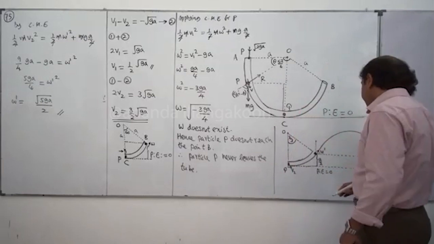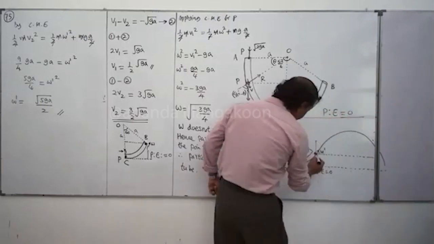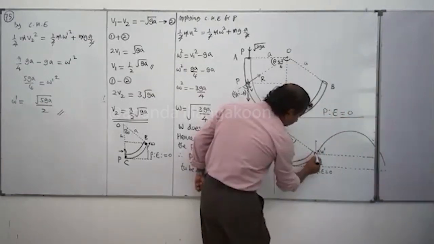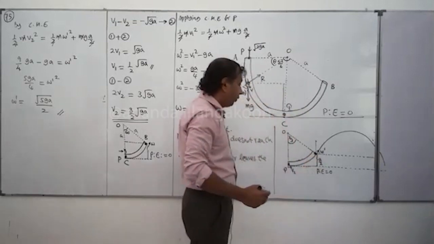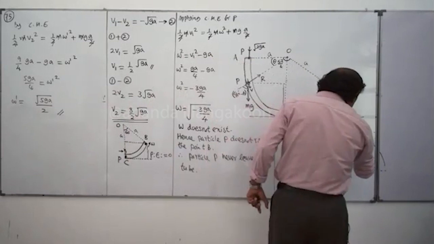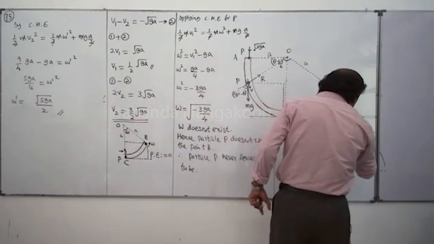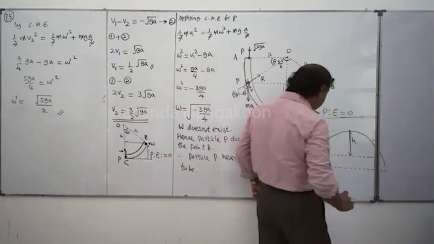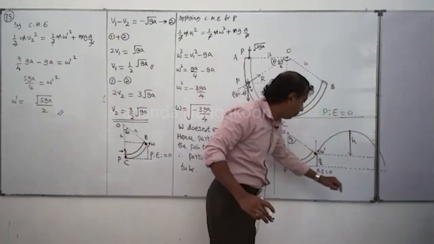We can apply the equations of motion to find the highest point. The height h is the maximum height it reaches above the level of B. To that h, we have to add this a by 2.